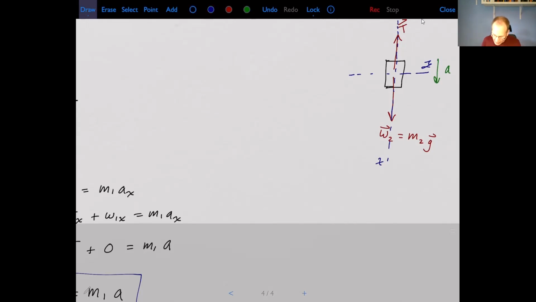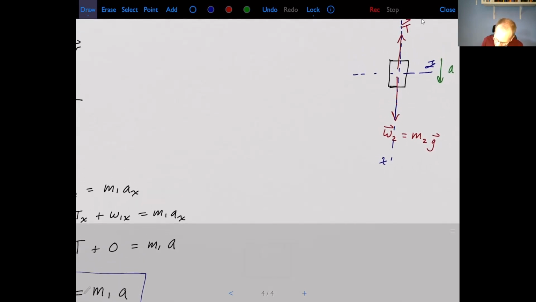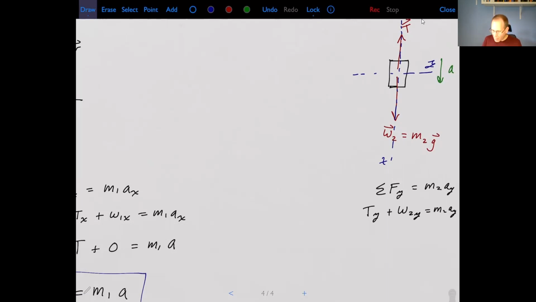So now let's apply Newton's second law. Let me do the Y direction first. So I have the sum of the forces in the Y equals M2 AY. So I want the Y component of the tension plus the Y component of the weight. That equals M2 AY. Okay, now you've got to be careful. Remember, I defined Y to be in this direction, right?